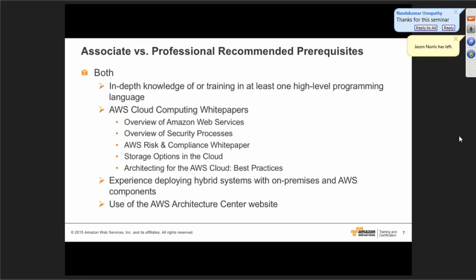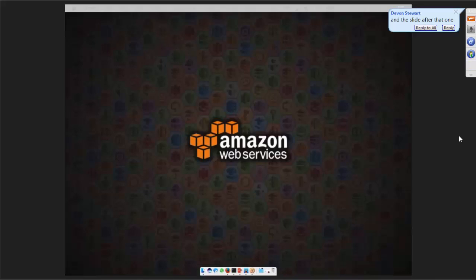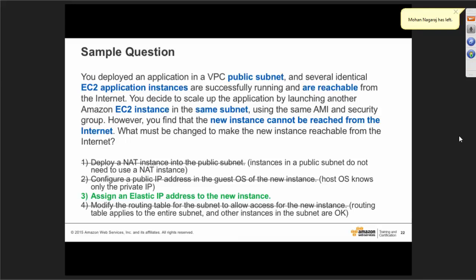I'll put this one up. Not sure if it was this one. Okay, let's go back to the last sample question. That was in a different module, so let me pop out of this. This is the last sample question.